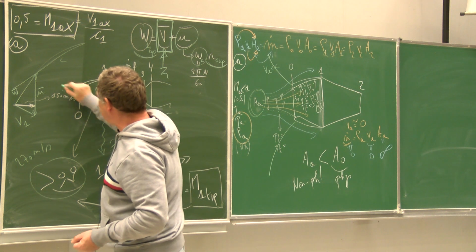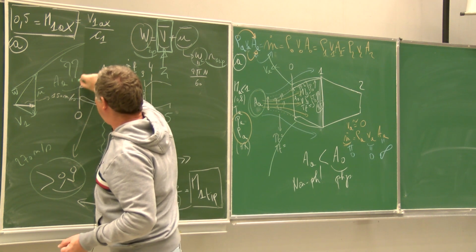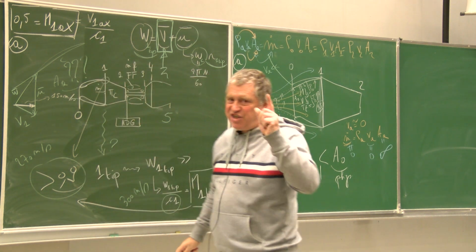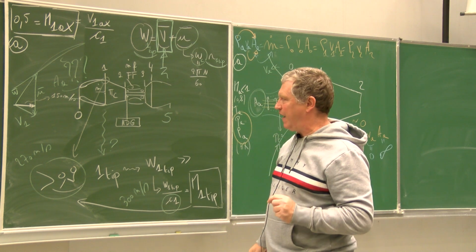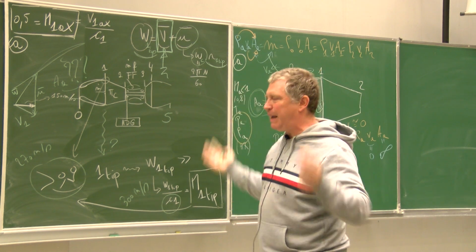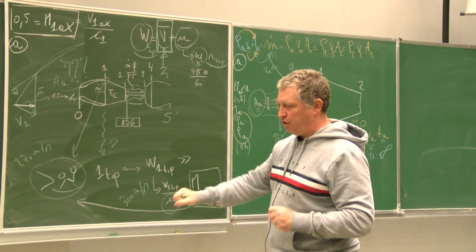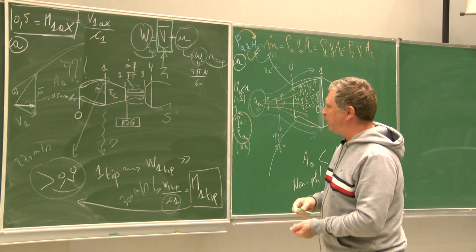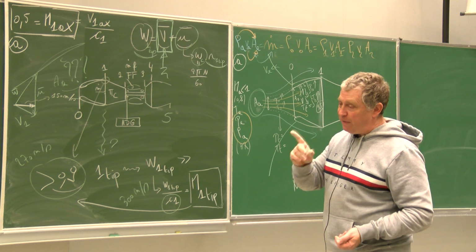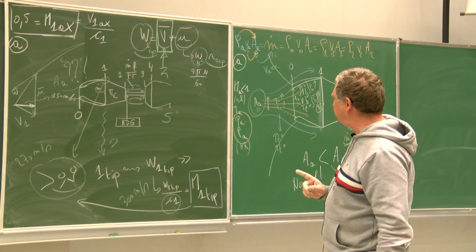But this section here, AA, is unknown and is changing during the flight, depending on the altitude, depending on the flight speed, depending on the position of the throttle for the pilot. This is a very complex situation. Okay?